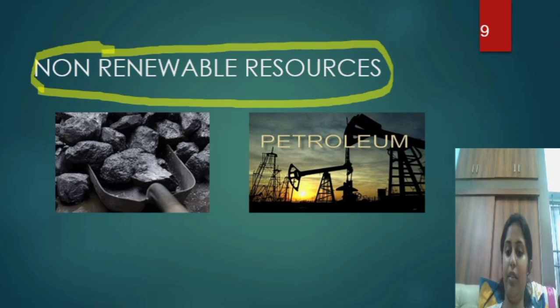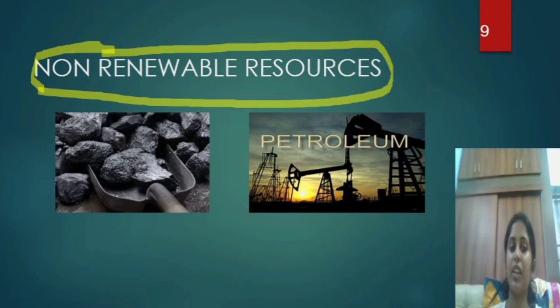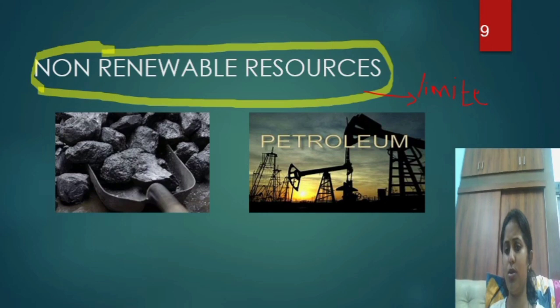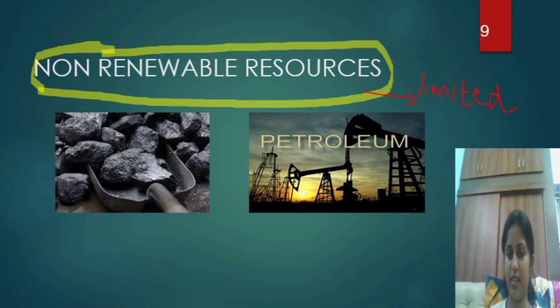They have life till this earth exists. Whereas non-renewable resources are nothing but those which are limited in stock on this earth. Though they are natural resources, they are very limited because of excess use, or because of their characteristics. Okay, they are limited.